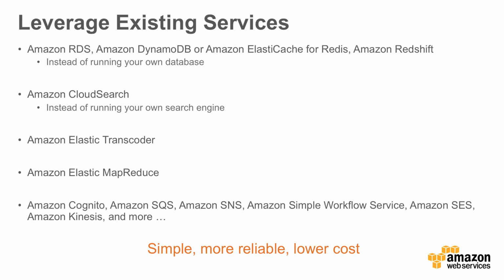We also have CloudSearch, which is a fully managed search engine, and Elastic Transcoder, which is video and audio transcoding in the cloud. And we also have a managed Hadoop cluster called Elastic MapReduce.